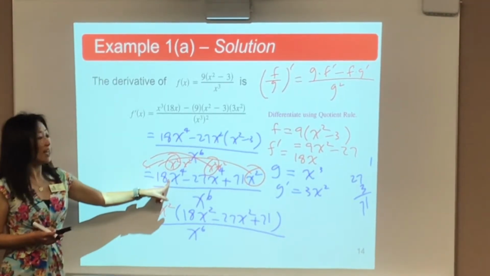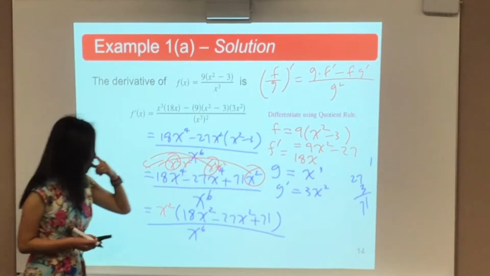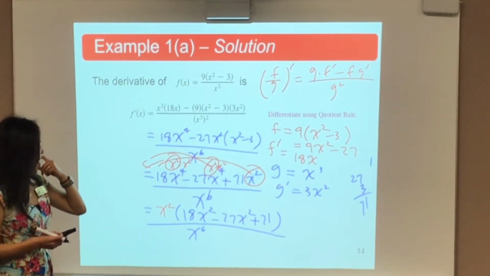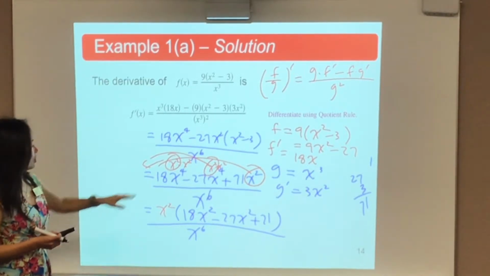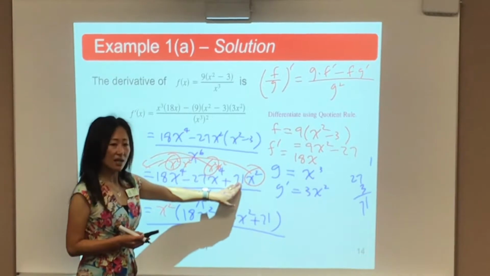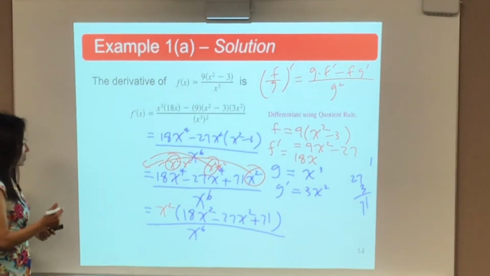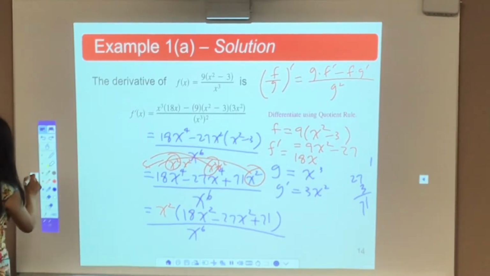I cannot factor out any numbers. Can I? 18, 27, and 71. Do they have any common factors? Not so sure. Is it 3? 3 goes in here, 3 goes in here, and 3 goes in here. Am I right? I think so. So I can factor out 3? Maybe, hold on. I think so. 71.